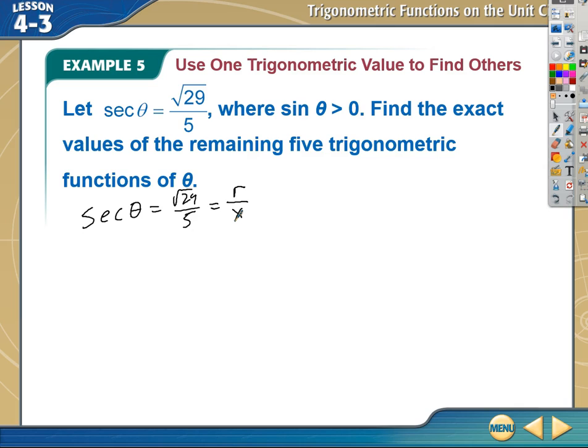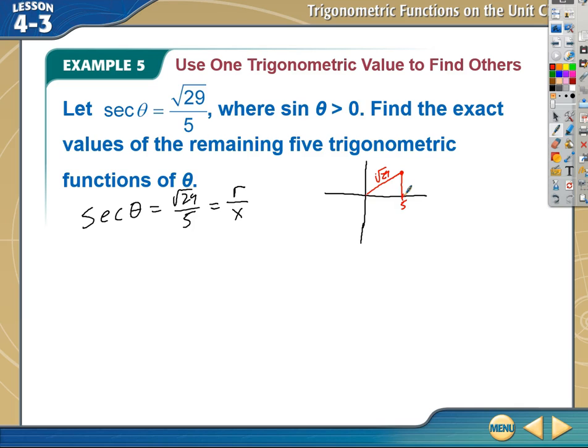Well, what does that mean? Well, that means that x is a positive 5, and r is the square root of 29. And the question then becomes, what's that value going to be?